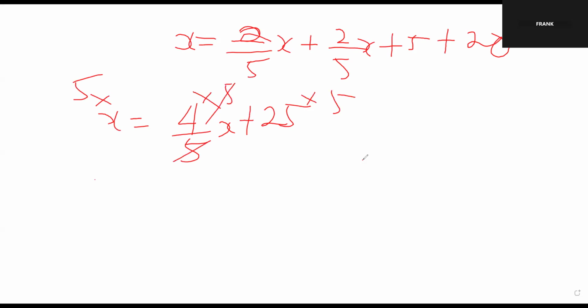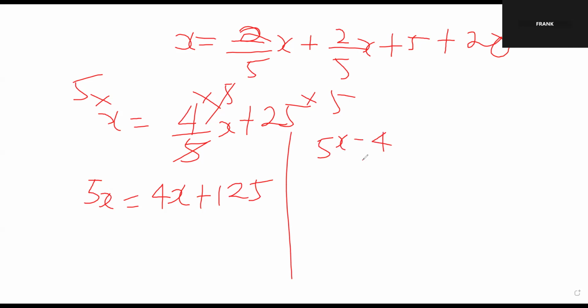This goes off. We have 5X to be 4X plus 25 times 5 is 125. So we have 5X minus 4X to be 125. So X is 125. So the father shared 125 acres of land.